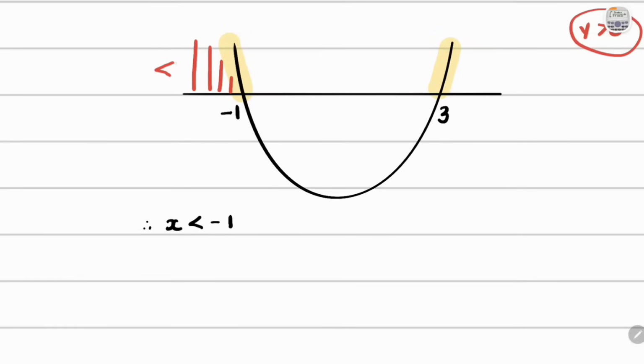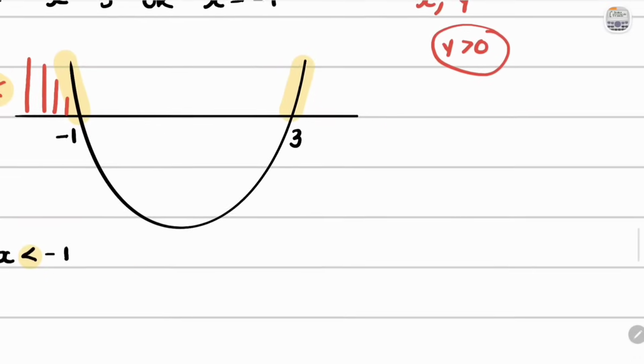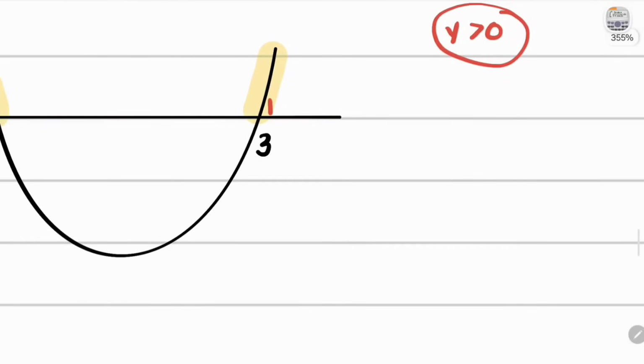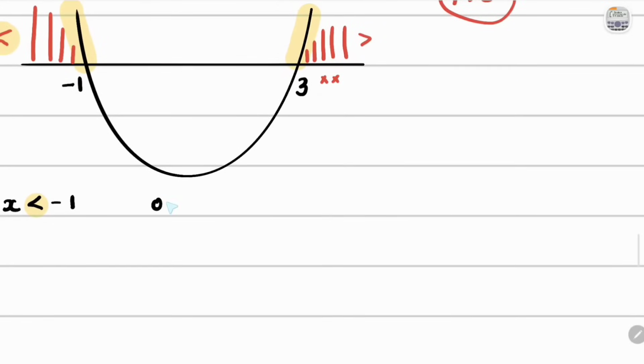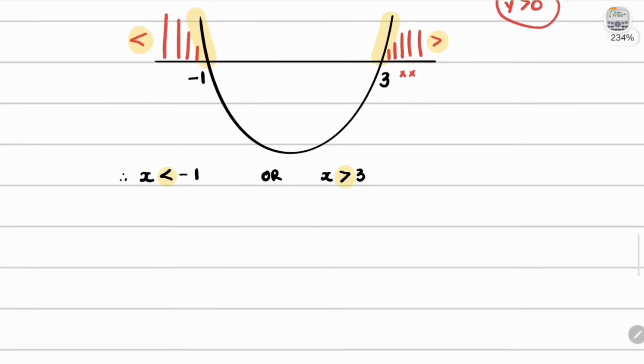Okay, so do you see that the direction helps you with the inequality? And on this side, if we line them down to the x-axis, they're moving towards the right-hand side of 3. So this would mean x is greater than 3. Again, the direction helps you with the inequality. And those would be our solutions.